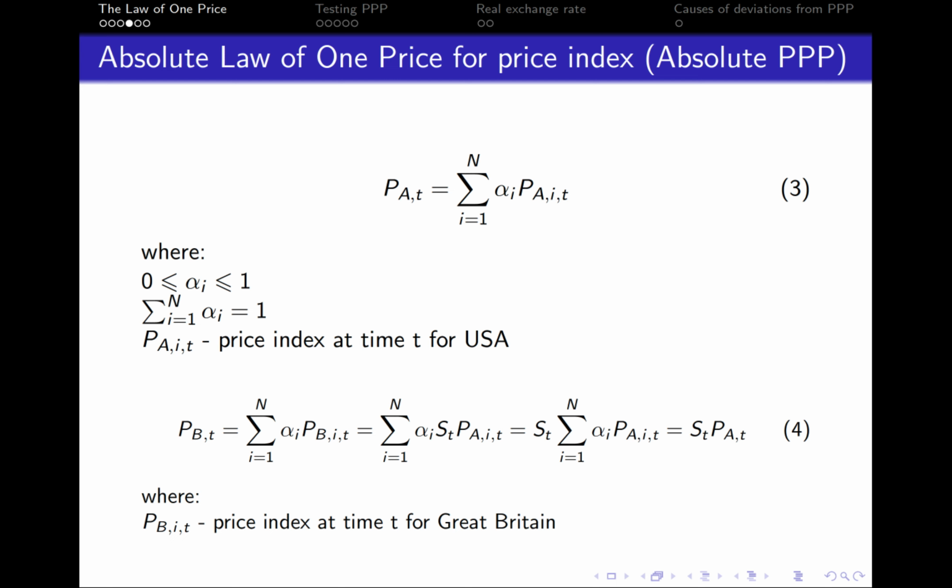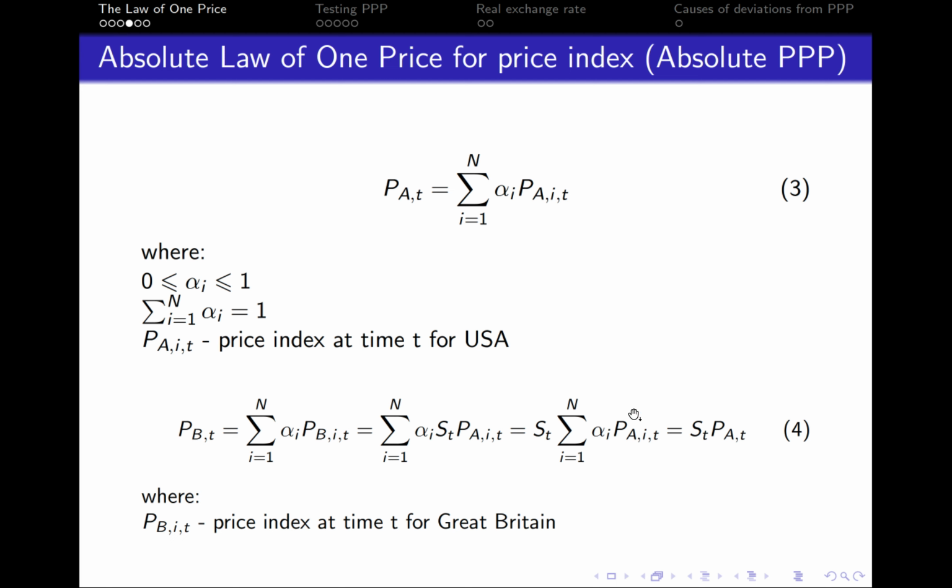This is why those weights of different goods in the United States, in Great Britain, in Poland, in Germany, Ukraine, in any country don't need to be the same, and they never exactly are. But we need to maintain this assumption to, of course, maintain the absolute law of one price for the price index.